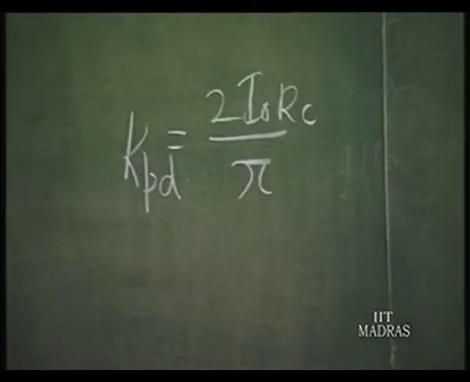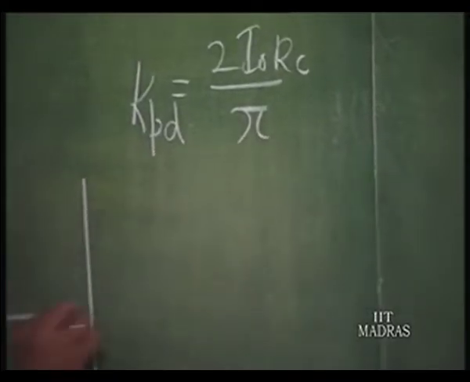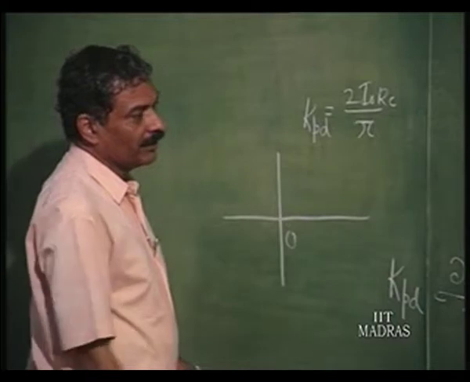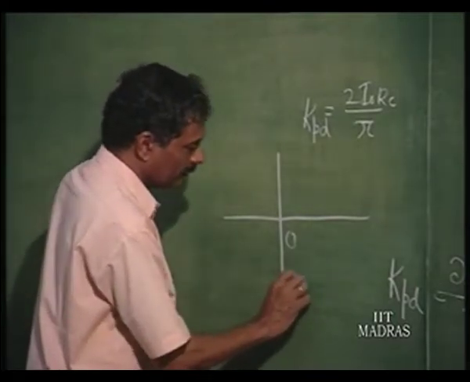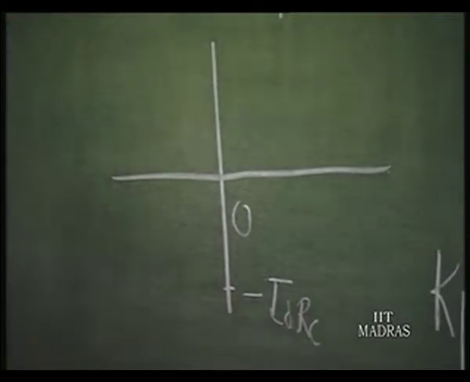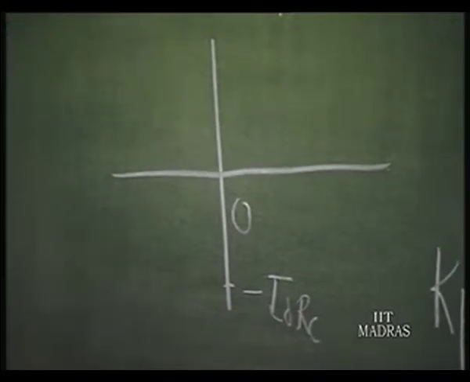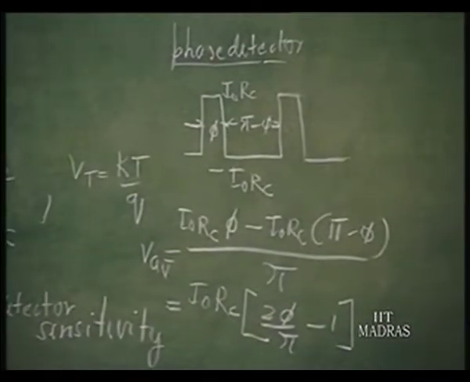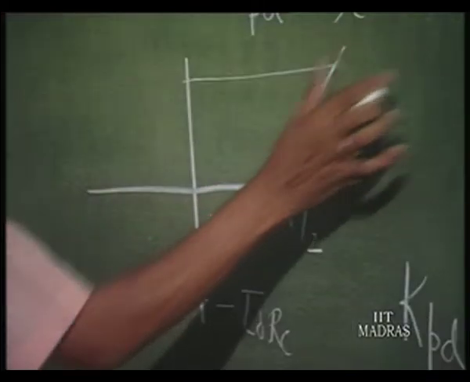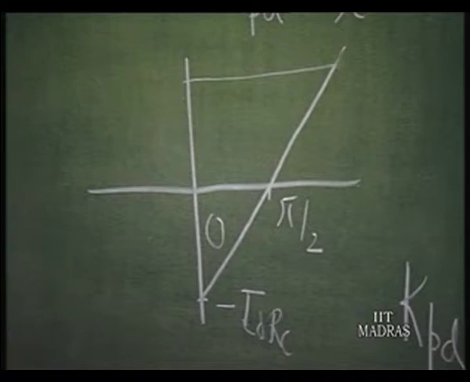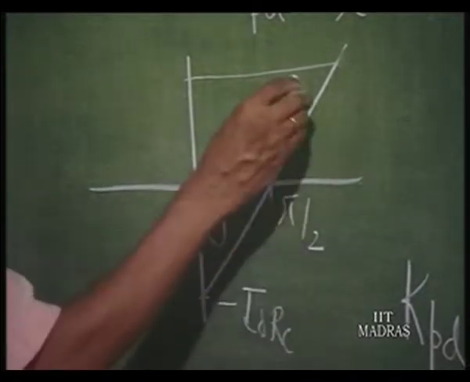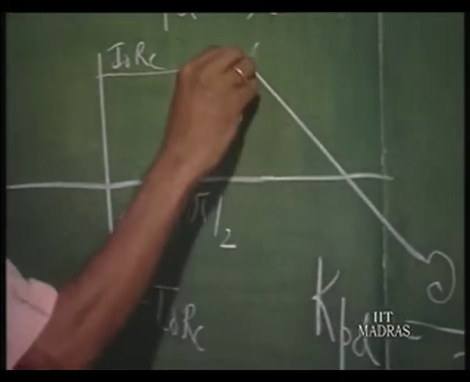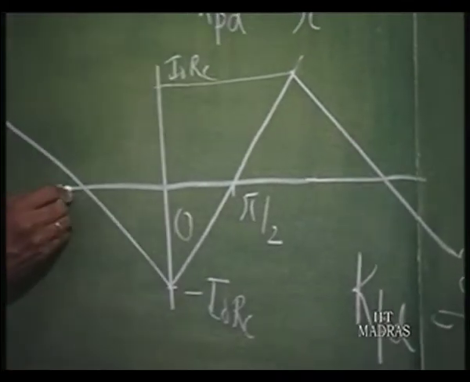So, its characteristic will be looking like this: for phi equal to 0, it is going to be minus I naught Rc, and for phi equal to pi by 2, it is 0, and then it reaches a maximum here, for a phase shift of pi, equal to plus I naught Rc. Thereafter it will repeat itself. Same thing for a lagging phase angle.